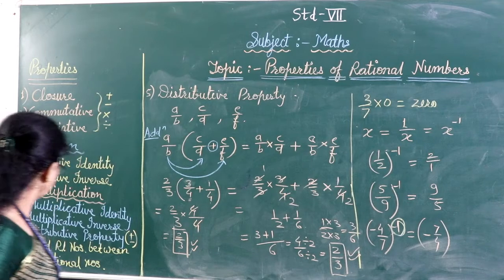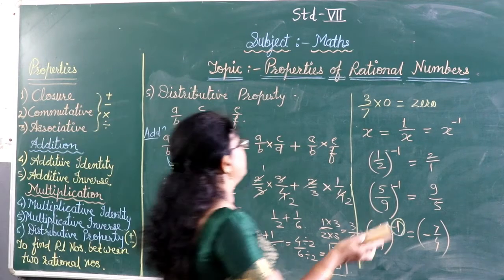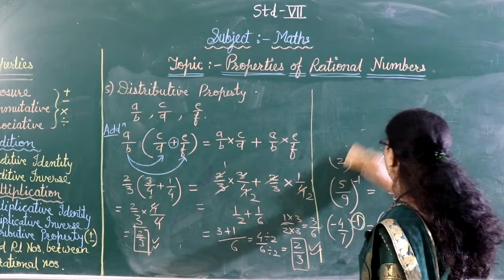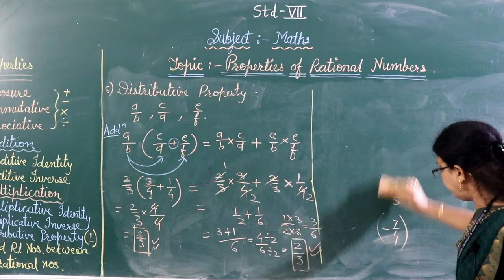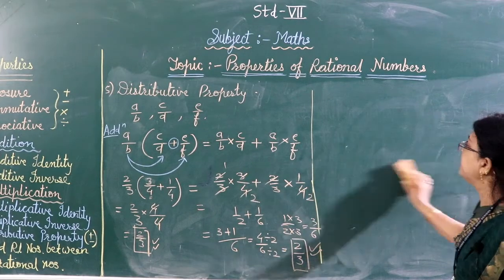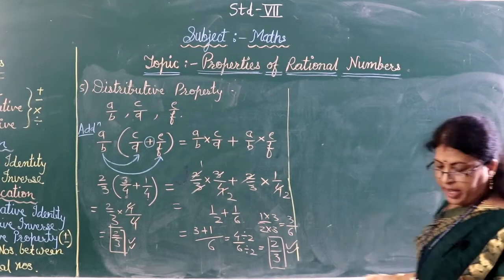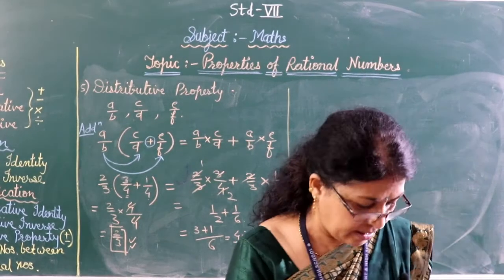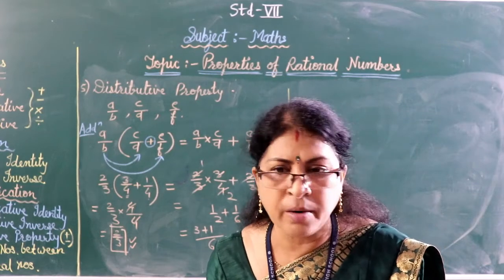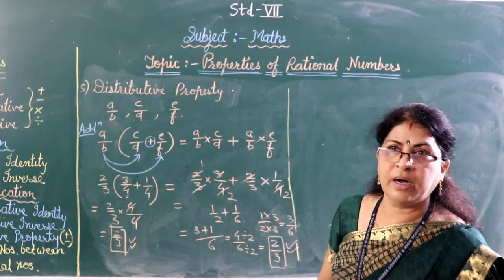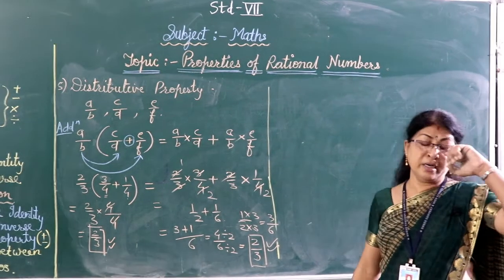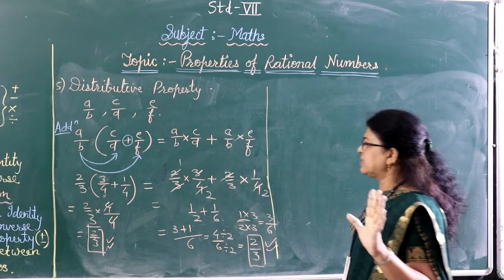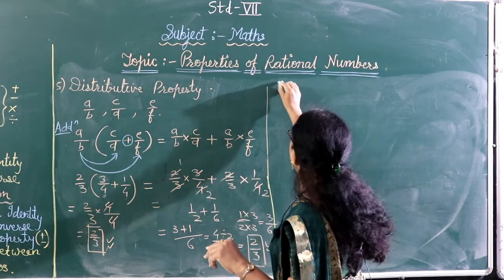Okay, now the last thing we are going to learn is how to find rational numbers between two rational numbers. You know the number line. I have already taught you how to show rational numbers on the number line. So let us consider one example.